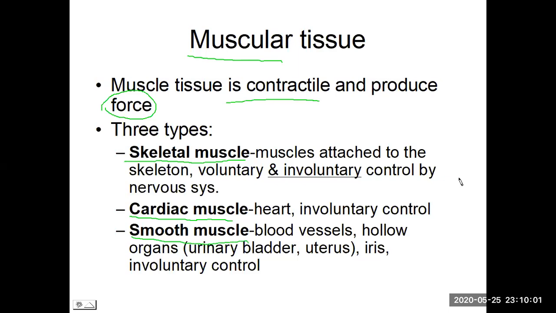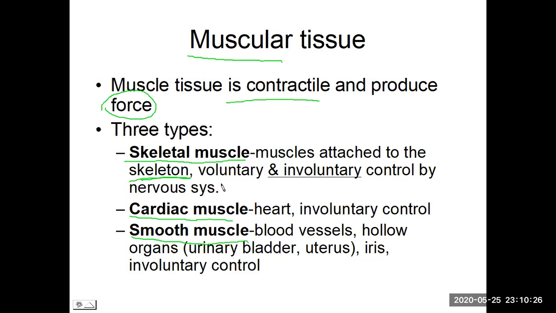Beginning with the location for each of these, skeletal muscle tissue, as the name implies, is attached onto our skeleton. It connects to our bones. The various tendons of our muscles connect onto the bones. That's the location for skeletal muscle.